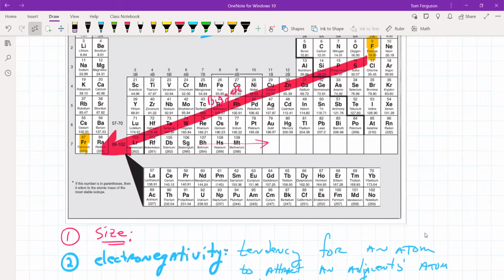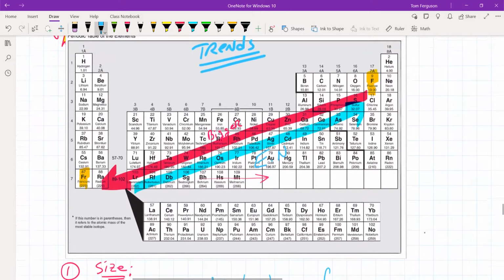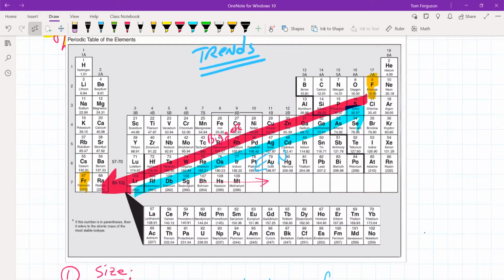Okay, and that trend is the opposite. I'm going to abbreviate this as EN. So that goes from francium up to fluorine. Fluorine has the most electronegativity of anything in the periodic table. Francium has the least.